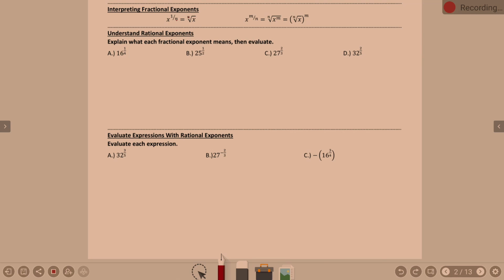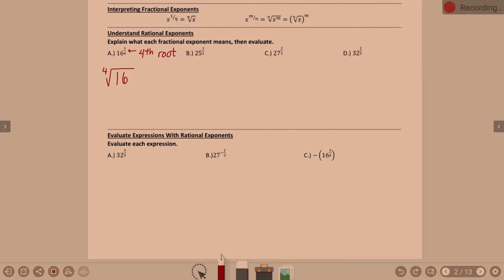So 16 to the 1/4 power is going to mean the 4th root of 16, right? So that means 4th root. Put that 4 in the index position. Remember that vocabulary? The 4 is my index. It's my root. Okay, so that explains what it means.